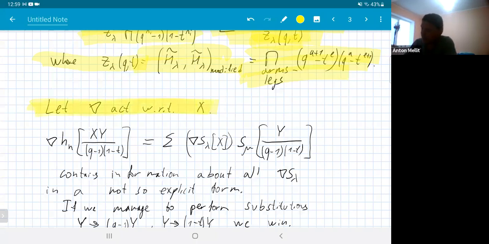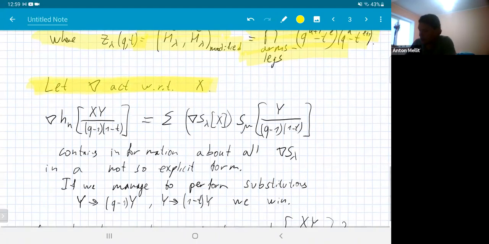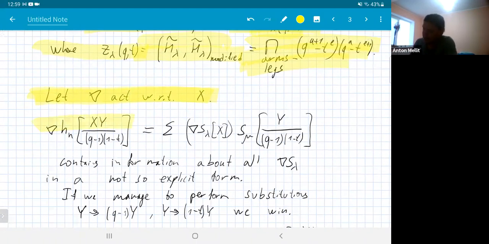So Nabla acts with respect to x variables, and then by this general theory that I'm explaining, Nabla of this Hn of xy over q minus 1 minus t can be written, for instance, as follows. So you can see that if you compute this function in some way, then you can interpret the result as you expand it into the basis s mu of y, and then the coefficients in x are Nablas of s lambdas.